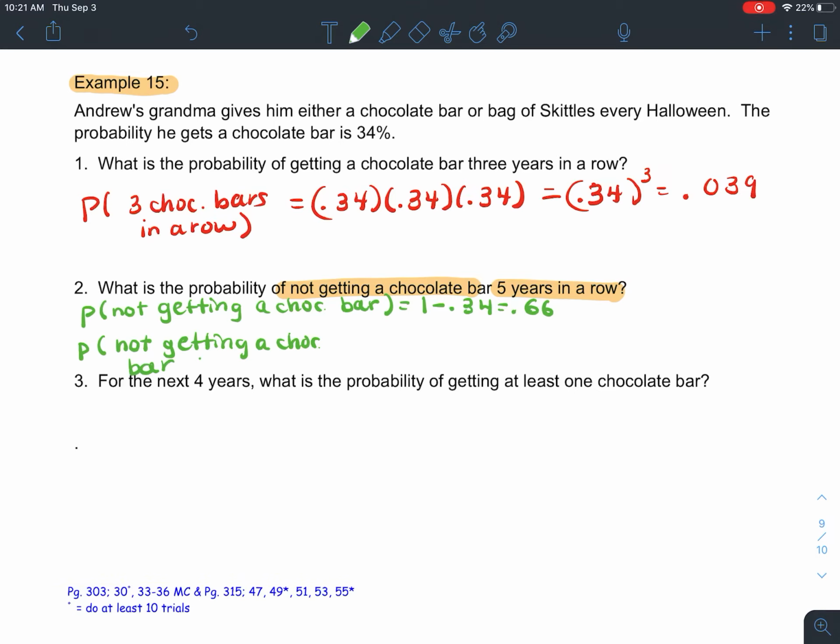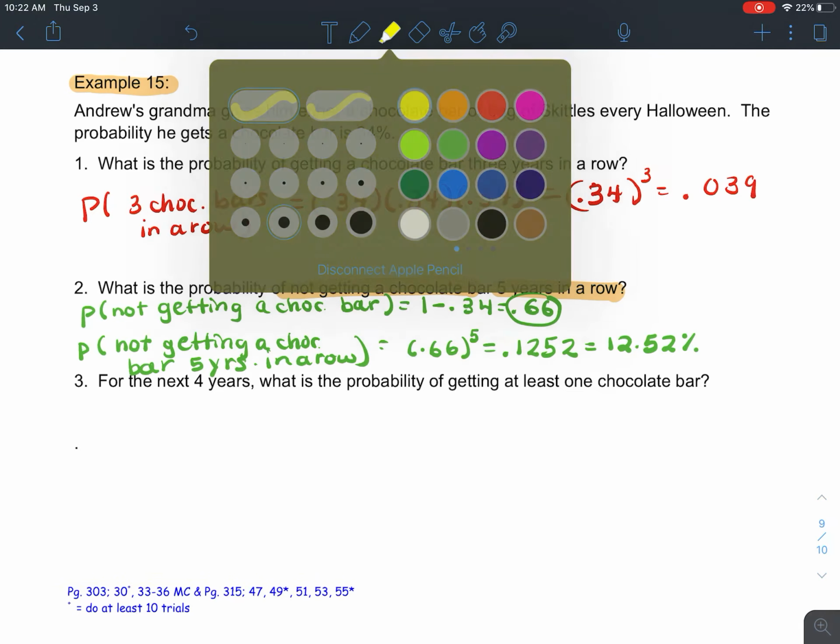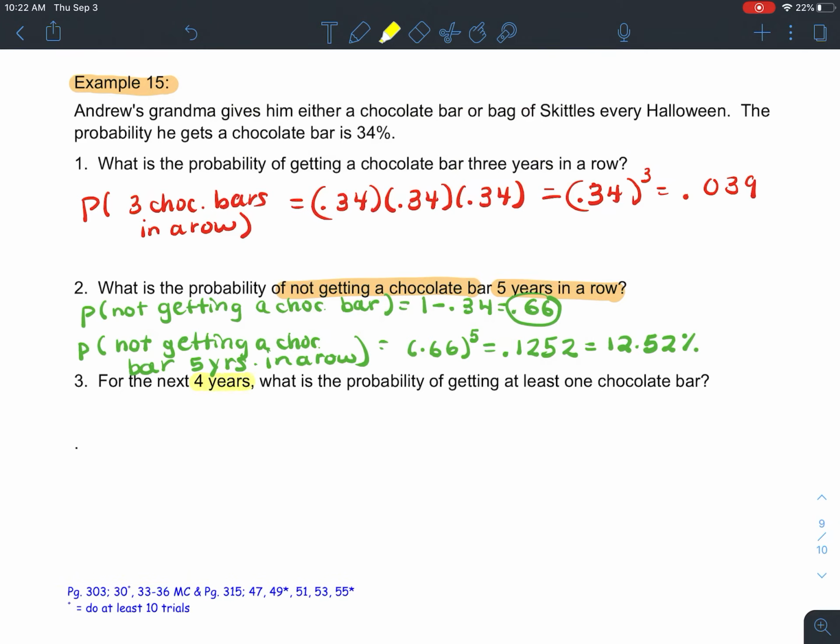But this problem is asking, what are the odds of him not getting a chocolate bar 5 years in a row? Okay, so 0.66 or 66% are the chances for 1 year. I need to multiply 0.66 times itself 5 times in a row, okay, or raise it to the 5th power there. He's got a 12.52% chance that he would get not a chocolate bar 5 years in a row.